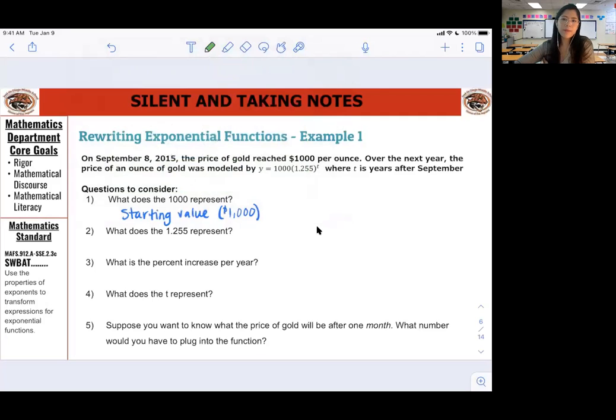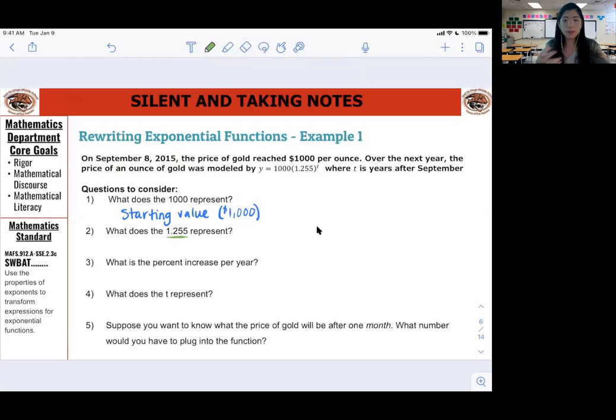What's 1.255? That's the amount after you add the 1. So remember, there are two different things: there's the percent, and then there's this other thing. What's this called? You're overthinking it.